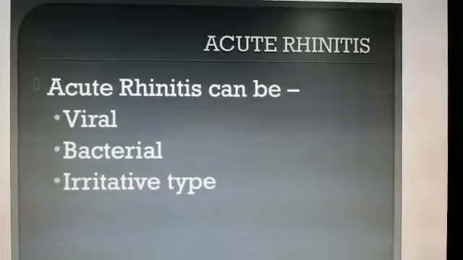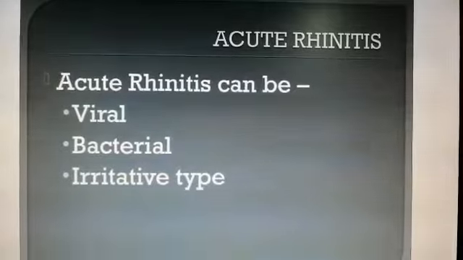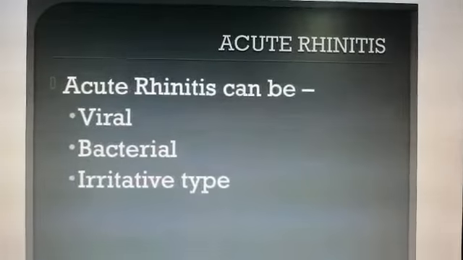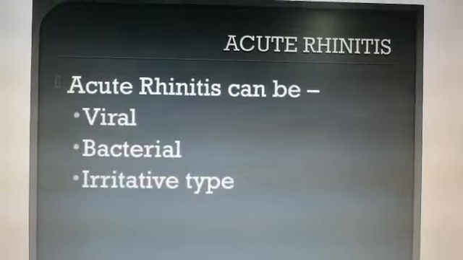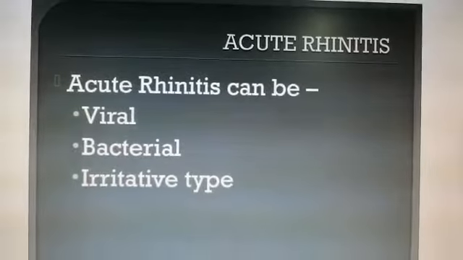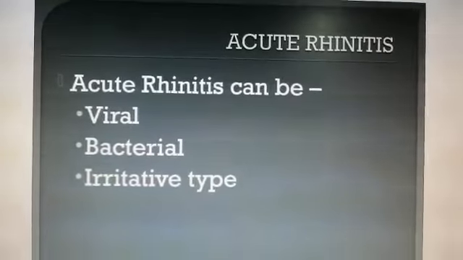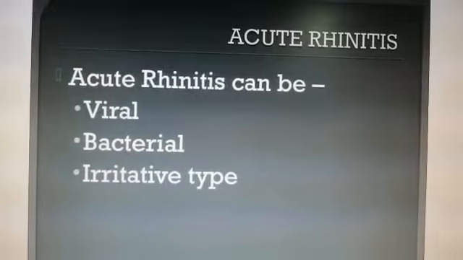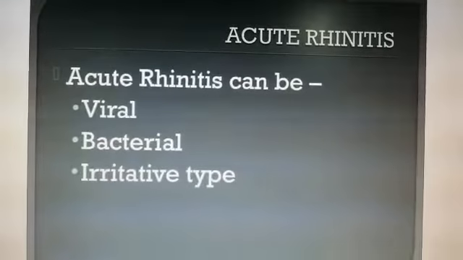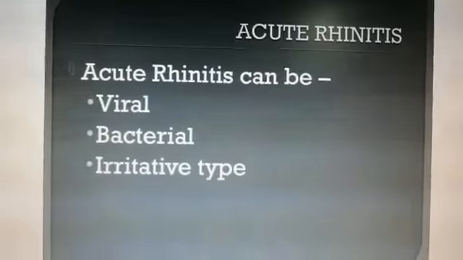In contrast, chronic rhinitis would be any inflammation or infection of the inner lining of the nose or the mucous membrane of the nose and paranasal sinuses lasting for more than 4 consecutive weeks. So this is the basic difference between acute and chronic conditions. Please bear it in mind. The duration is very important because it defines the acuteness or the chronicity of the condition.